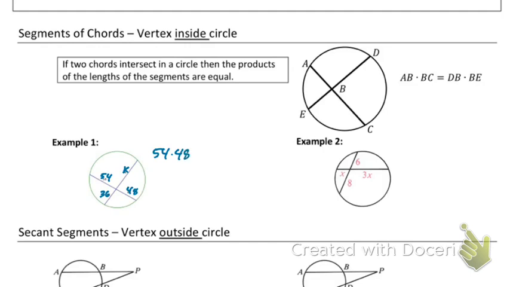So we'd have 54 times 48 equals segment times segment, so that would be k times 36. Well, 54 times 48 is 2,592, and we have 36k. All we have to do is divide both sides by 36, and we come up with k equals 72.